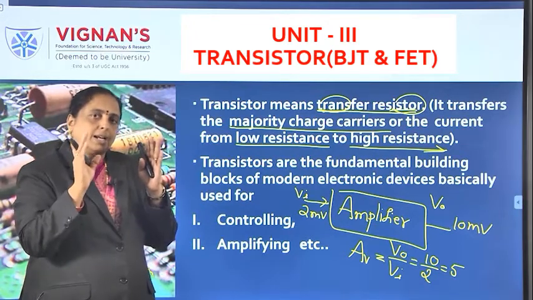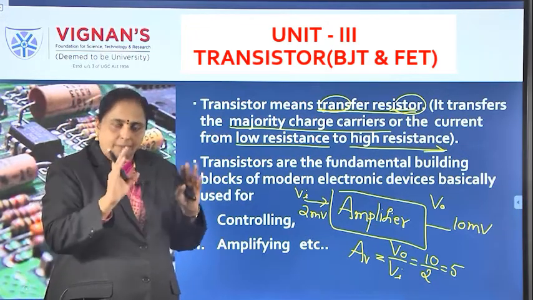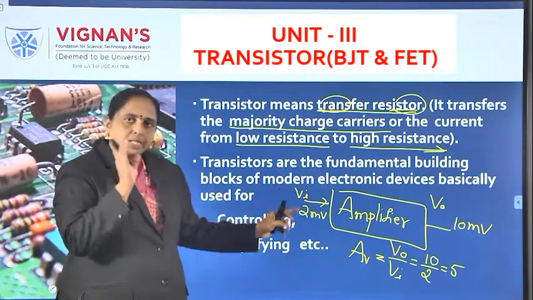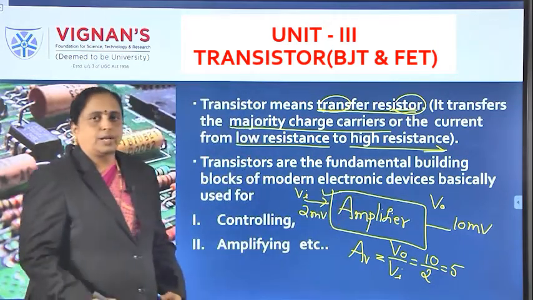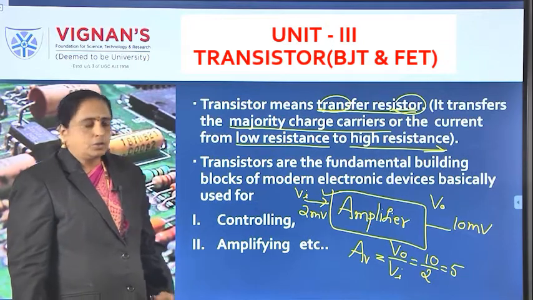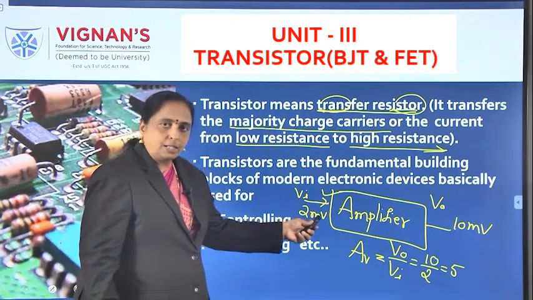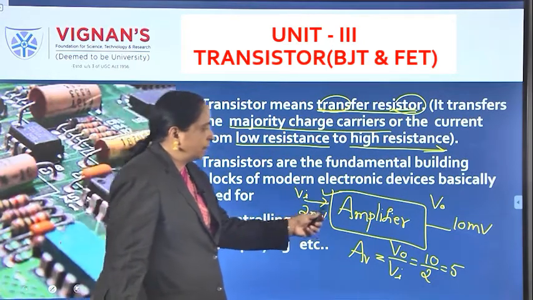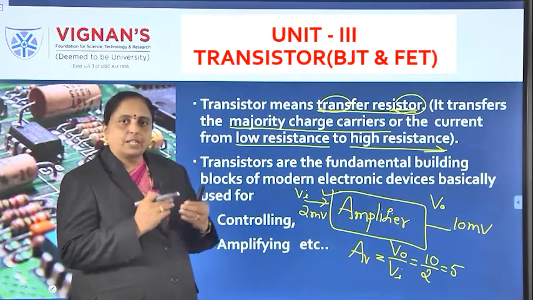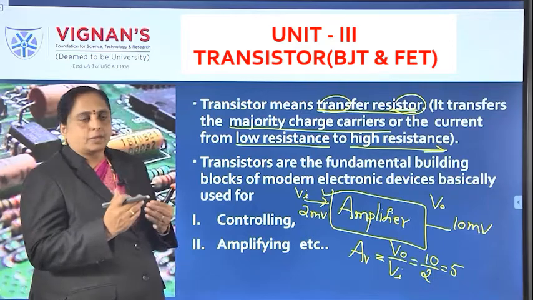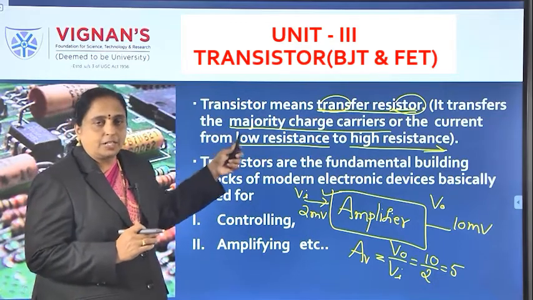So basically a transistor is a three-terminal device specially designed for this specific purpose, known as amplification. While the signal is passing from a low resistance path to a high resistance path, the voltage amplification takes place.